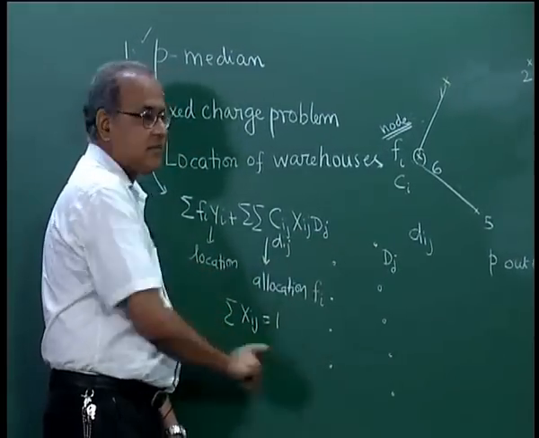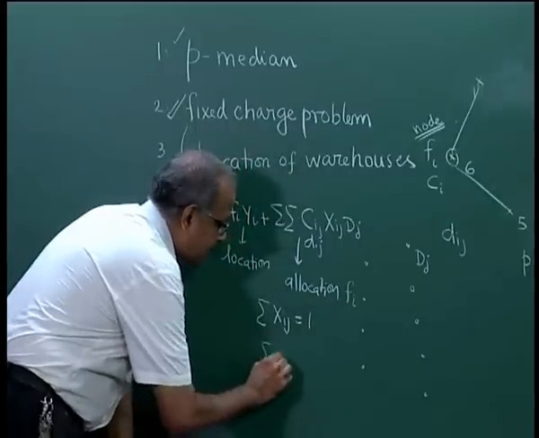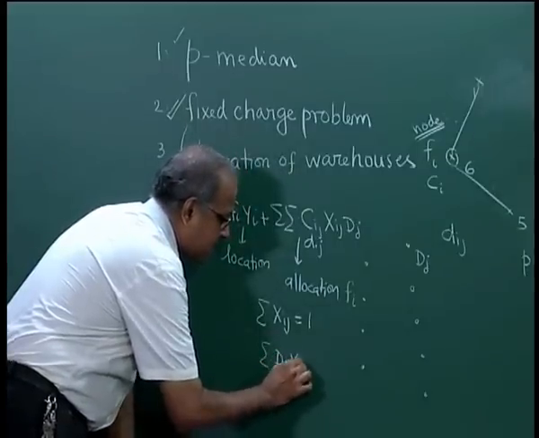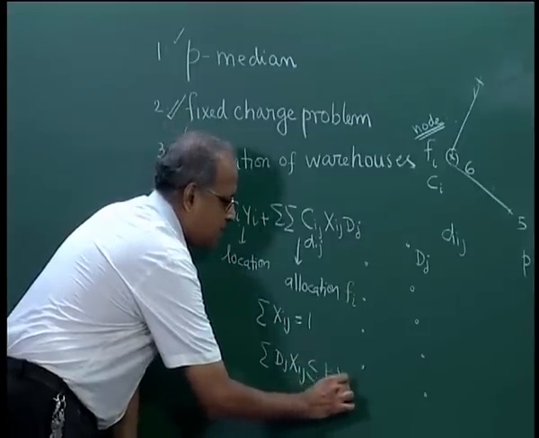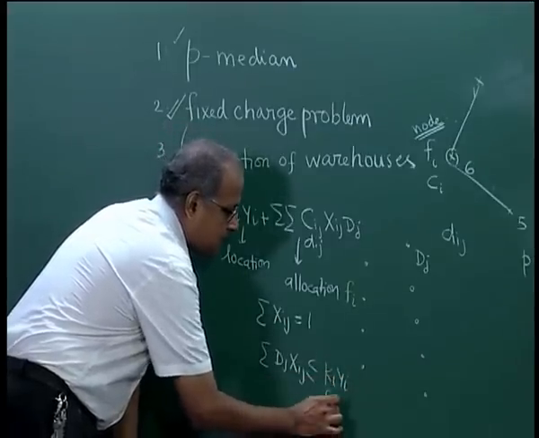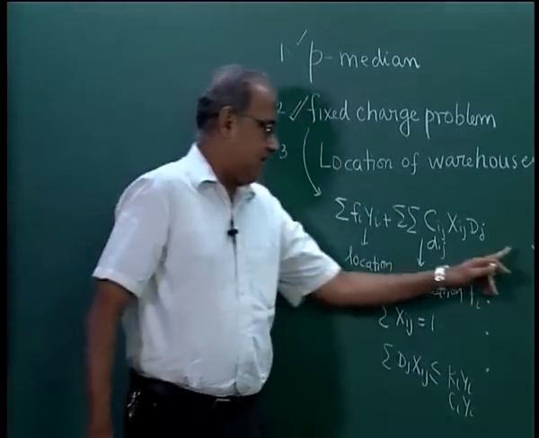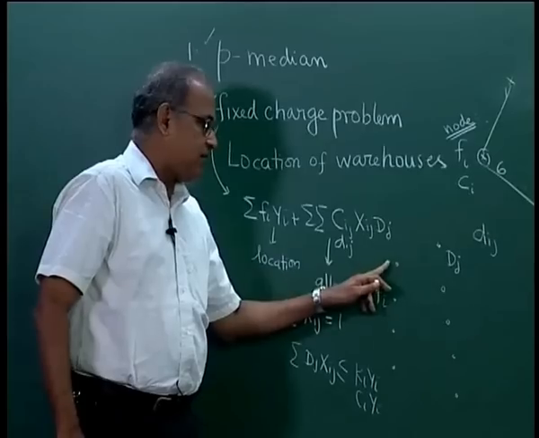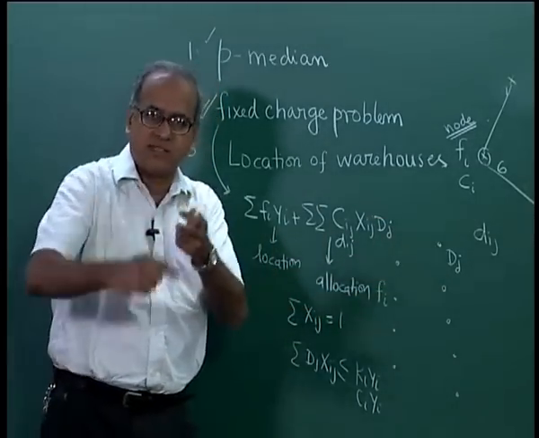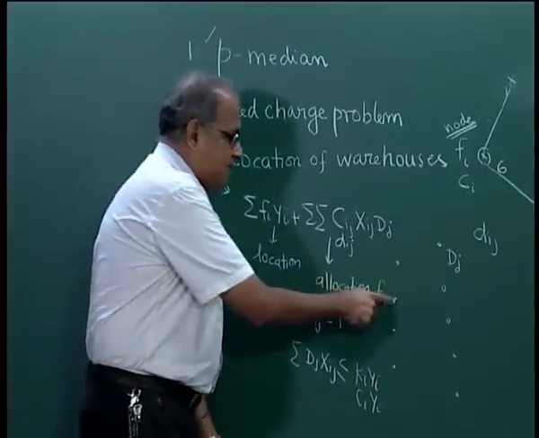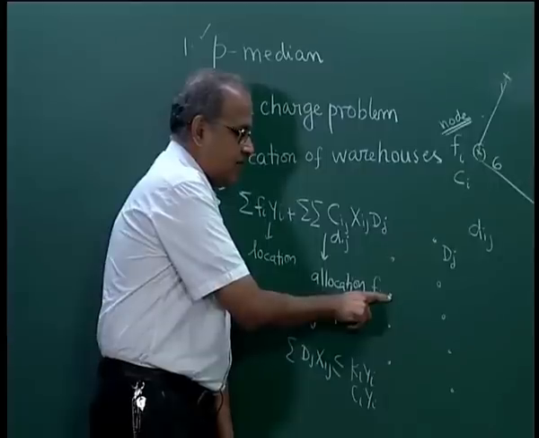And the second thing that we need to look at is sigma dj xij is less than or equal to ki yi, or ci yi. So, not only does this get the entire demand from one of them, it should get its demand from a chosen site. If this site is chosen, then yi will be 1, only then it will get from this.